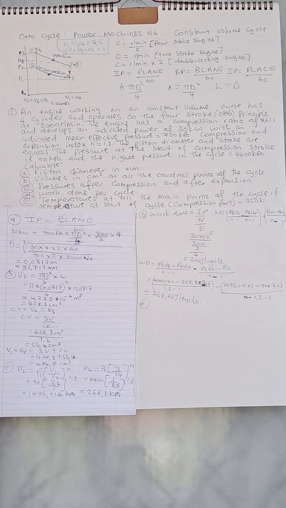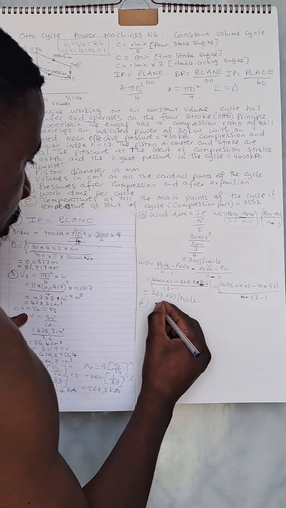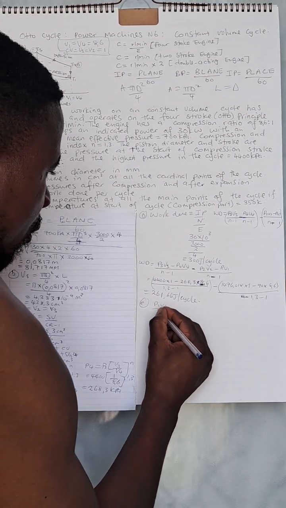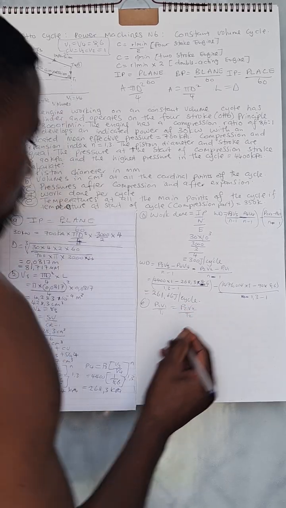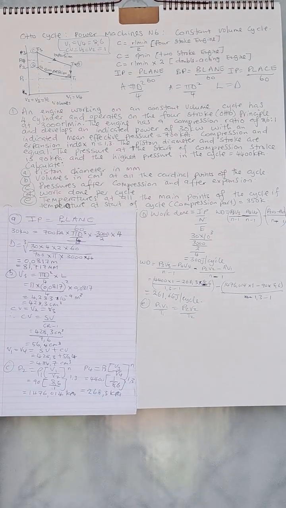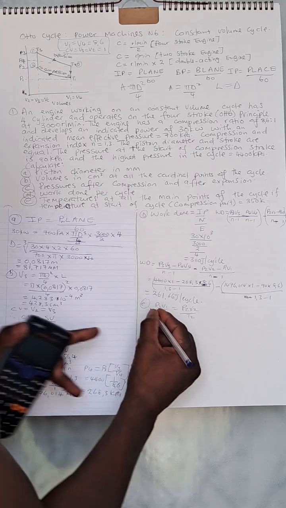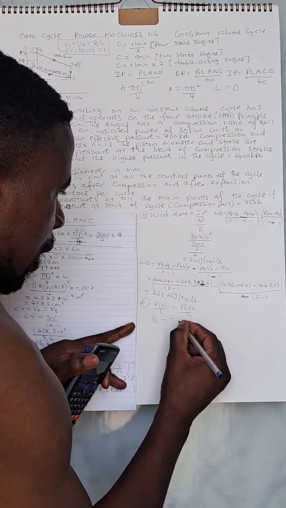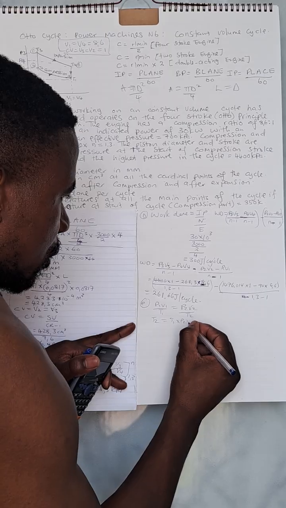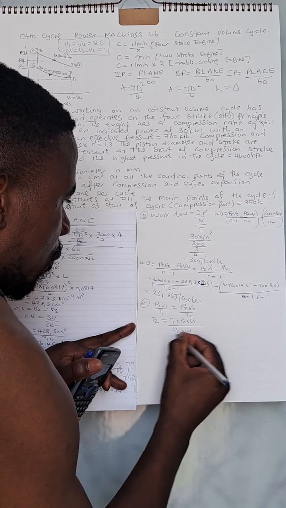To get our T2, we can use our formula P1 V1 over T1 equals P2 V2 over T2. We have everything at our disposal with the exception of T2. So we make T2 the subject of the formula: T2 equals T1 times P2 times V2 over P1 times V1.